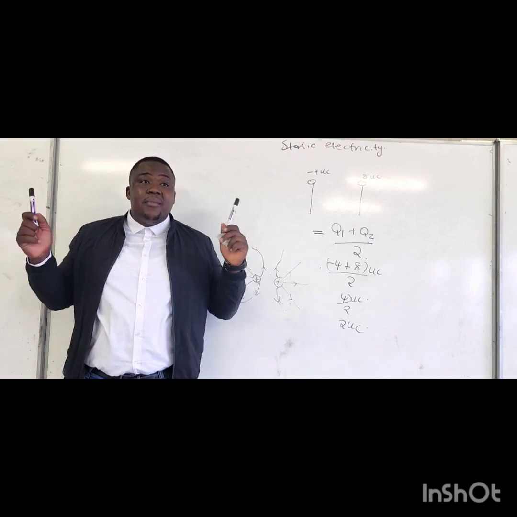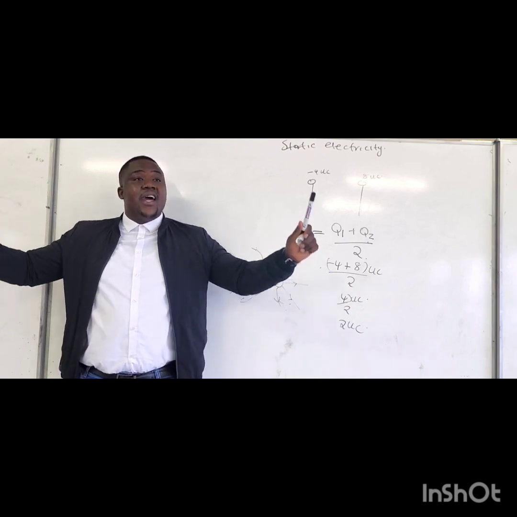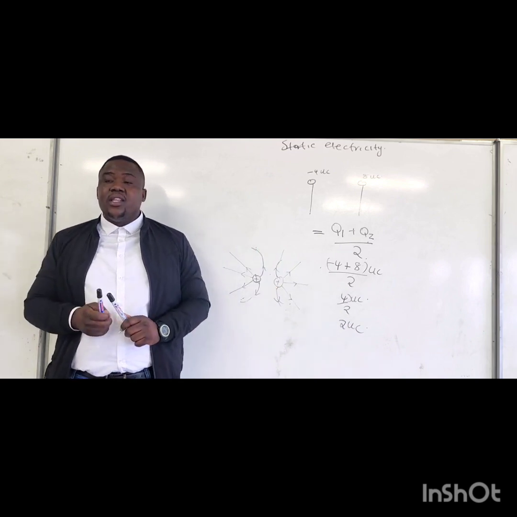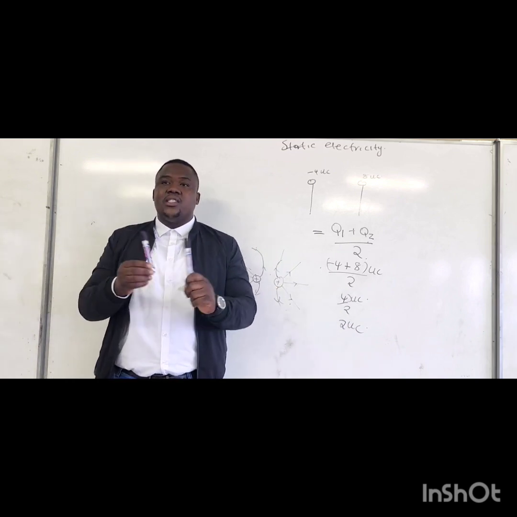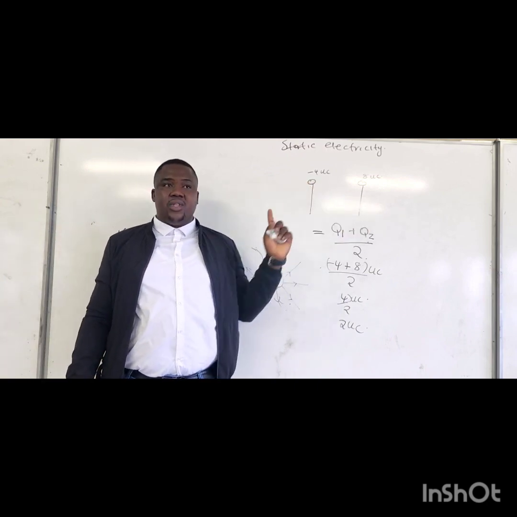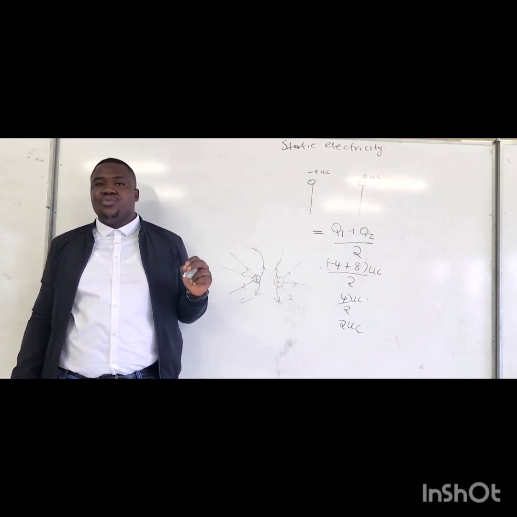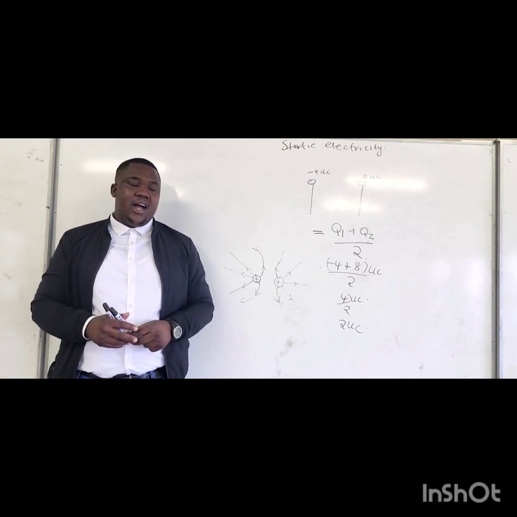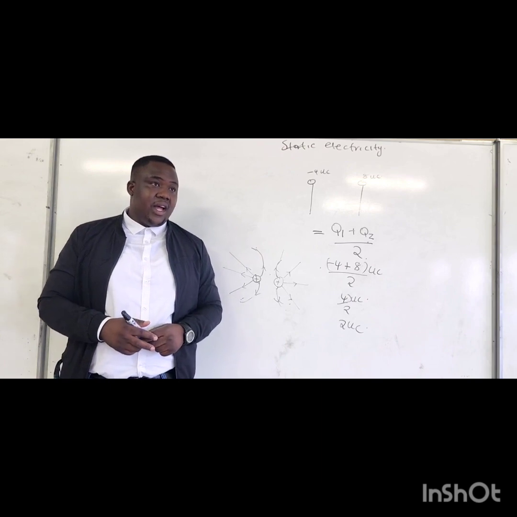You look at them as two spheres having the same charge. Because I know that they will tell you that the spheres were made to attach and separate, but you will still take them as -4 and 8. That's the mistake that most of the learners make. But I'm sure you're going to avoid such a mistake, right?